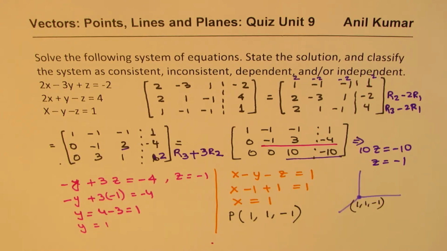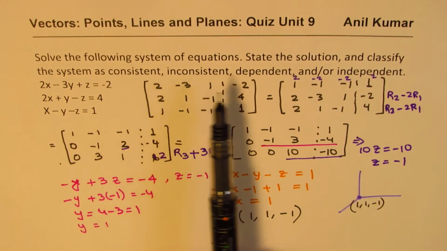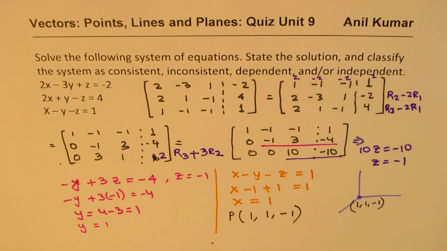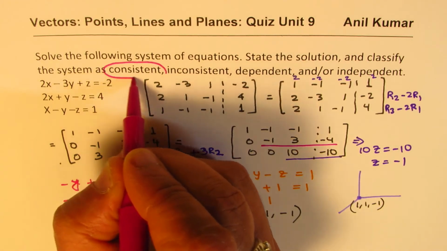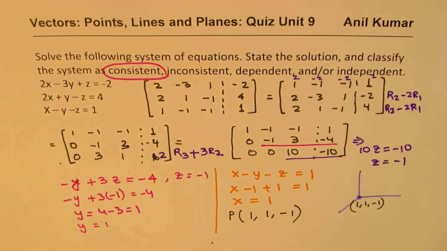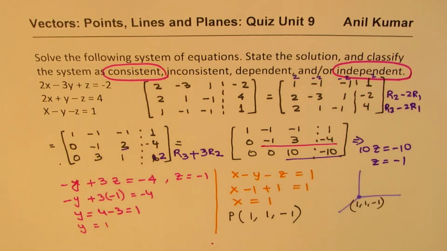Now, the idea here is to answer whether the system is consistent, inconsistent, dependent, or independent. Since we have a solution, it is consistent, right? And since we have a fixed point, it is independent. That is important to understand.